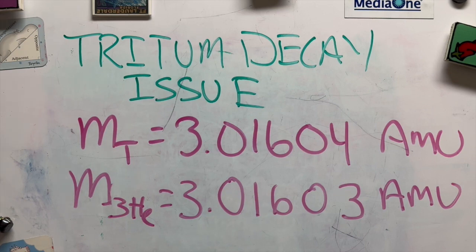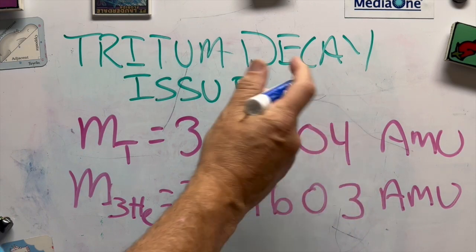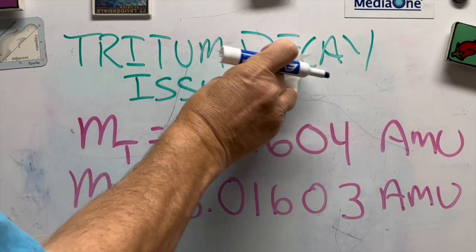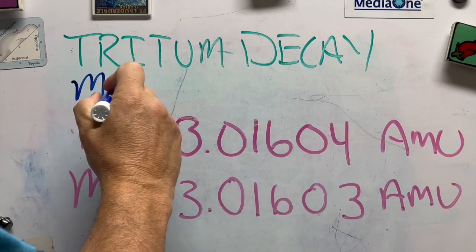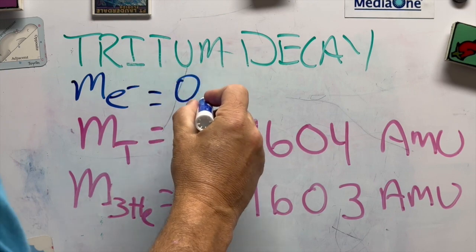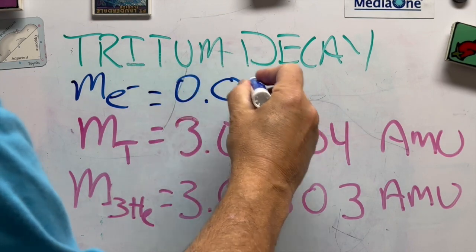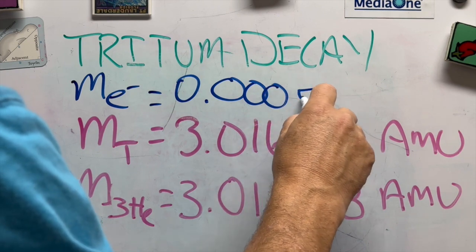Now the real issue is what's the mass of the electron that's emitted in the transition between the two. The mass of the electron in AMU is 0.0005.